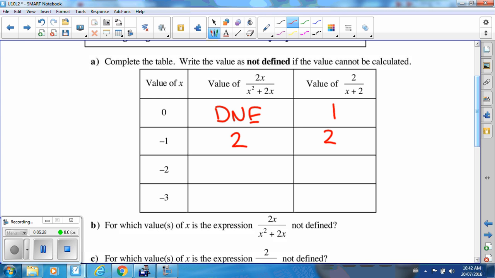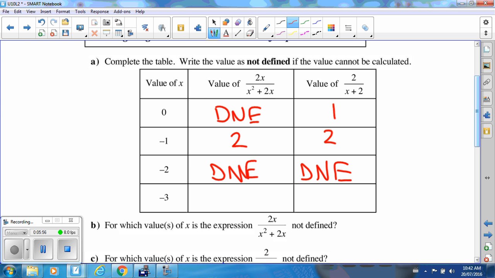If we put in -2, it does not exist in both cases, because both denominators are 0. If we put in a -3, what am I going to get? -2, I think. 2 times -3 is -6. -6 divided by -3 squared is +9, plus 2 times -3 is -6, so -6 plus 9 is +3.